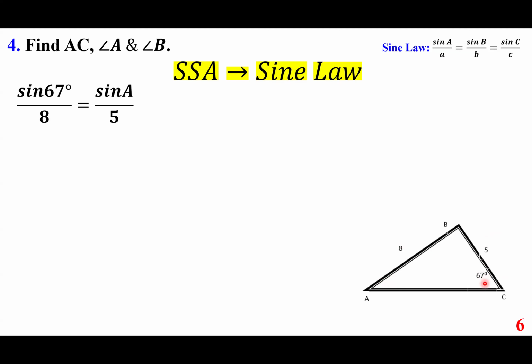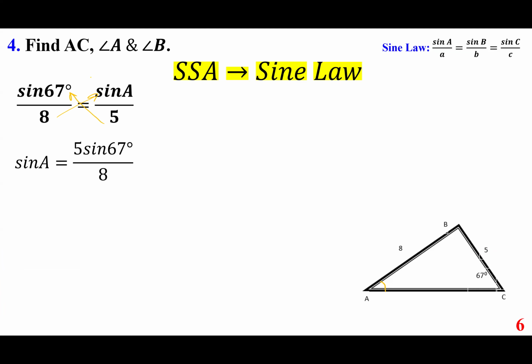So sine of 67 over 8, according to this law, is sine A over this opposite side, 5. And then cross product, of course, gives you the answer.